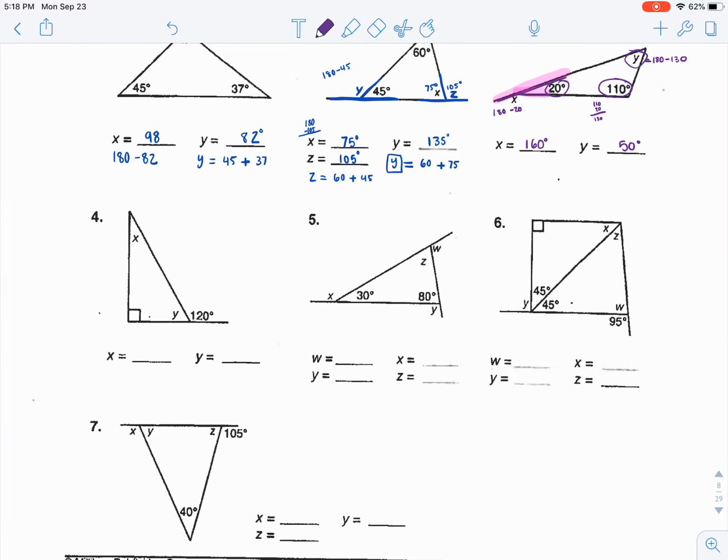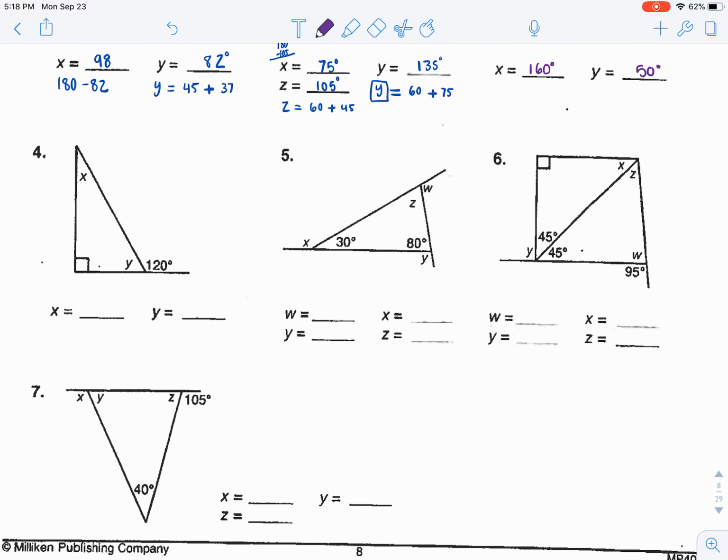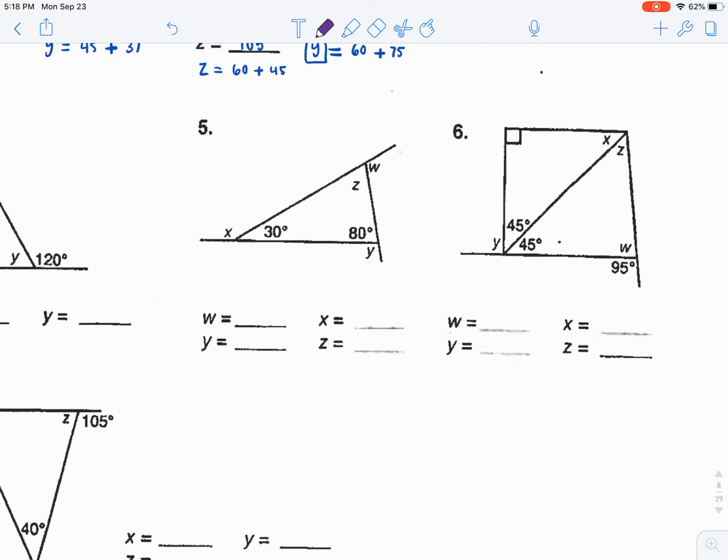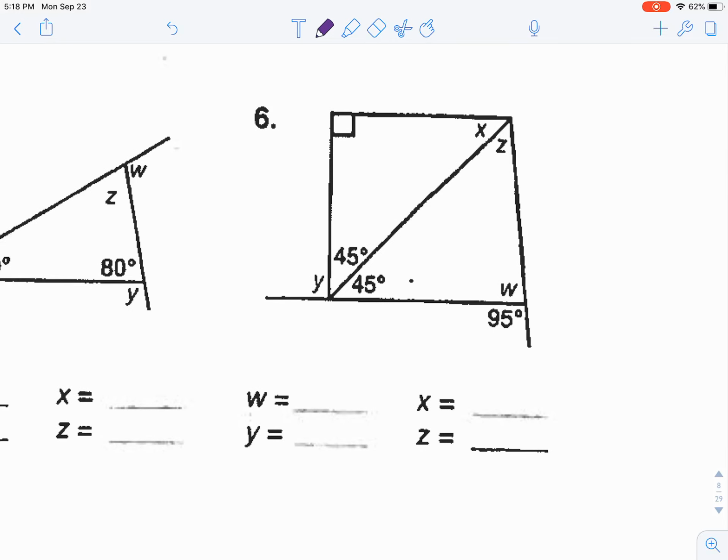I want you to try the rest of these. We'll do number 6 real quick before I sign off. And the rest are homework. So here we have 3 angles all on the same straight line.